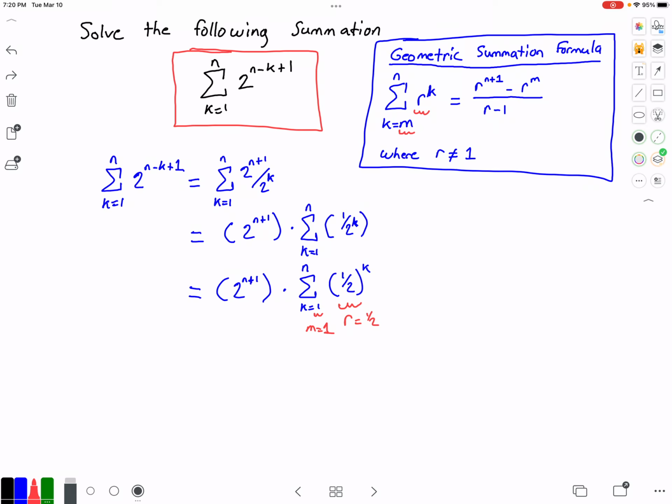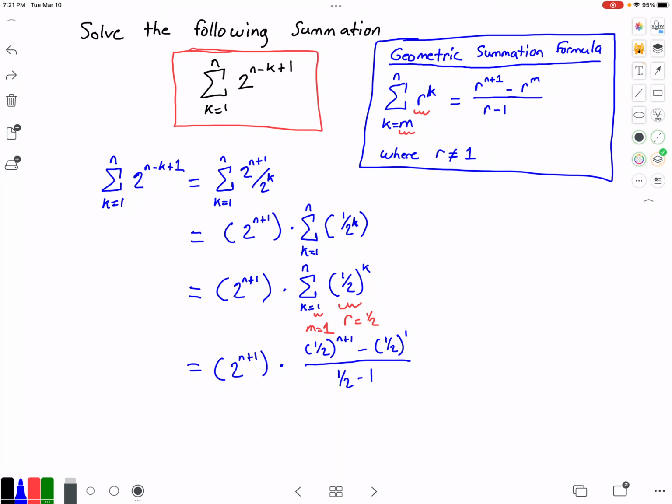So since we have this, we can rewrite the equation in that geometric summation form from the formula. So now we get 2 to the power of n plus 1 times 1/2 to the power of n plus 1 minus 1/2 to the power of 1, all over 1/2 minus 1. Hopefully you see how I got that.